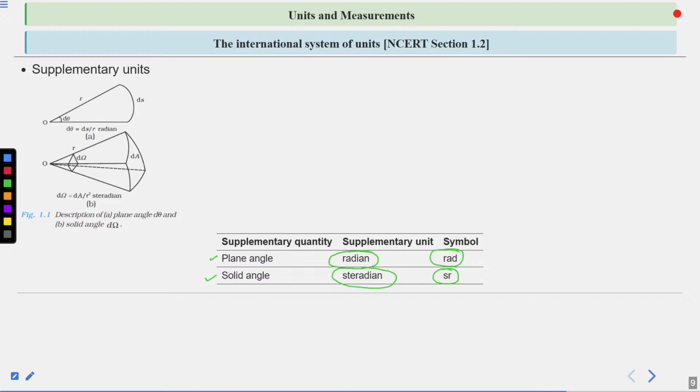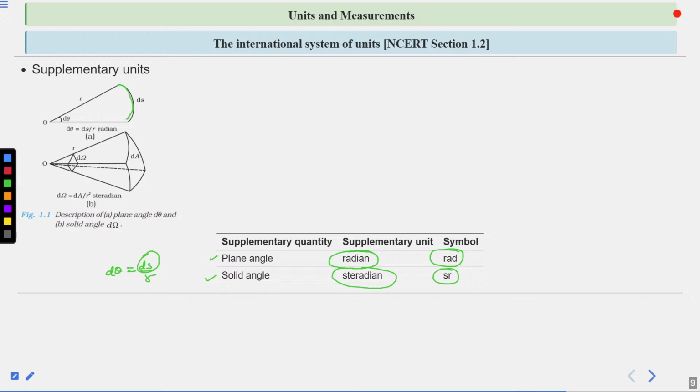Yes, look at here. This one is dimensionless. It means ds is equal to this one, or we talk about d theta is equal to ds upon r. What is the unit of ds? What is the unit of arc?